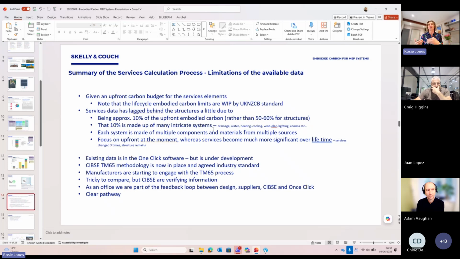Each of those independent systems is made up of multiple components, so whoever's writing that database has quite a big headache. That's what we're catching up with. And we've demonstrated that the focus is actually on the M&E systems over the lifetime of the building, minimizing how many times you need to change those services.